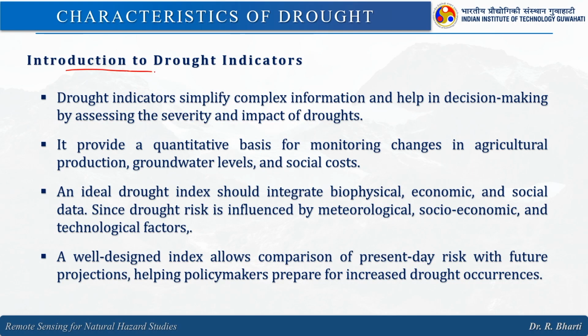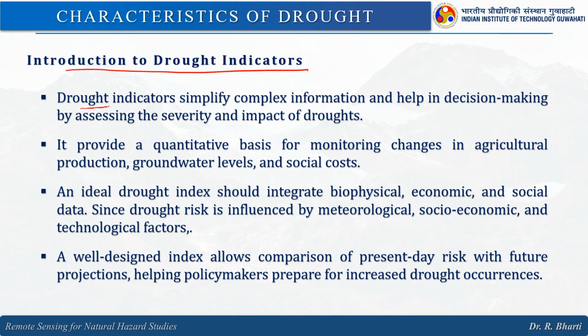So, introduction to drought indicators, because we understood the basics of drought, what are its characteristics, what are the different types of drought, how do we mitigate and how do we evaluate. Now, let us see how we can identify them. So, we will talk about the drought indicators. Drought indicators simplify complex information and help in decision making by assessing the severity and impact of drought.